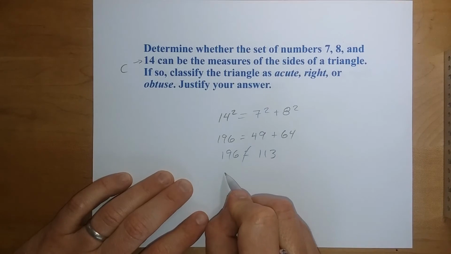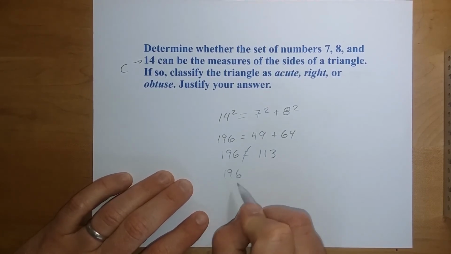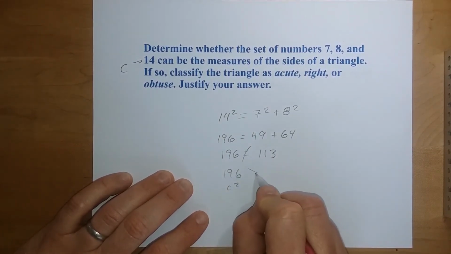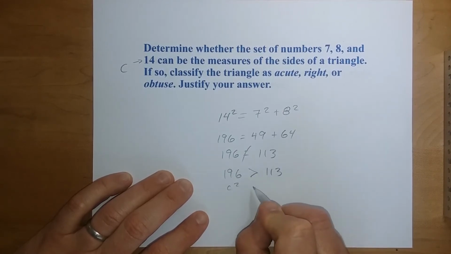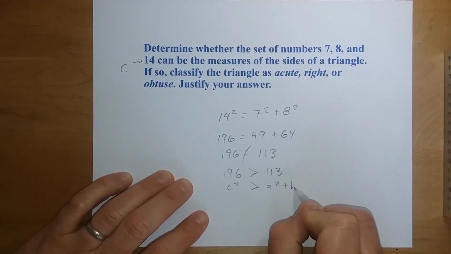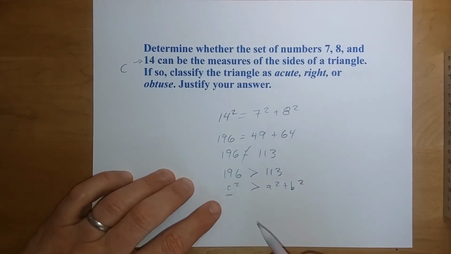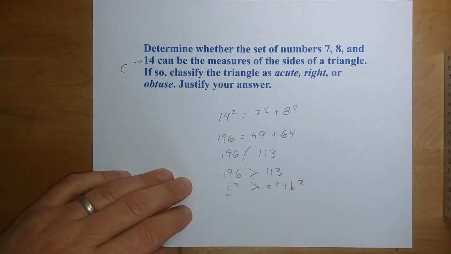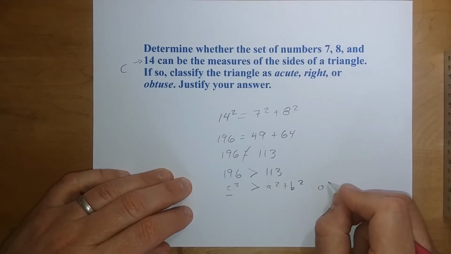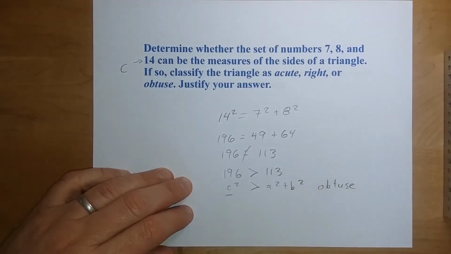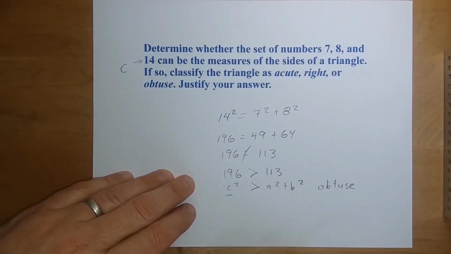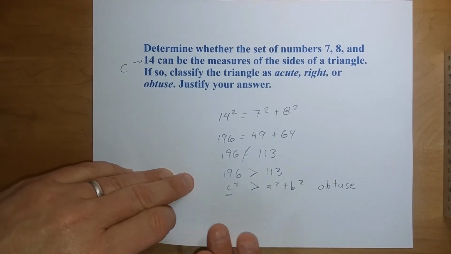In this particular case, c squared is greater than a squared plus b squared. c is too long for this to be the hypotenuse of a right triangle. Therefore, this must be an obtuse triangle. Try one more quick example here.